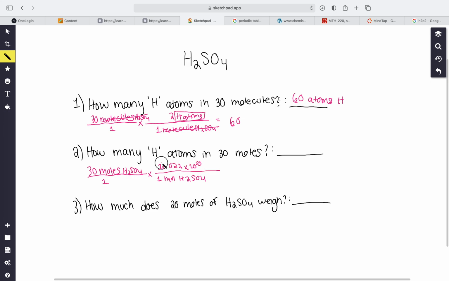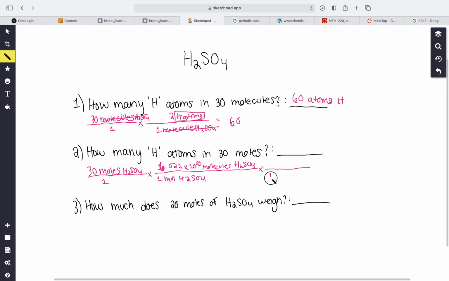Just a reminder that this is a 6. I started drawing a 2, but then I tried to fix it. So this is molecules of H2SO4.